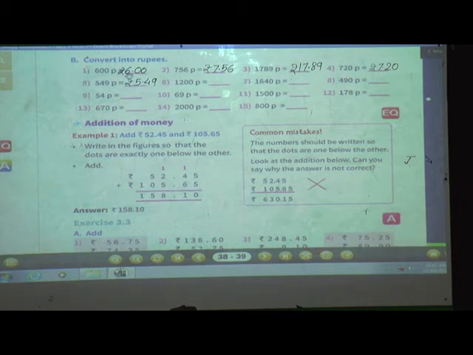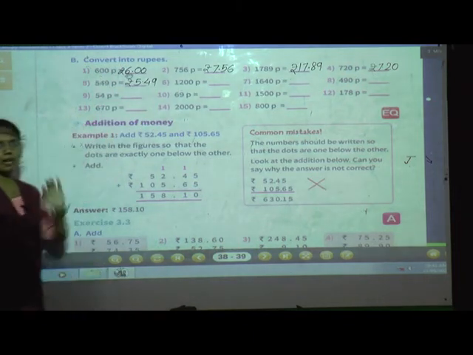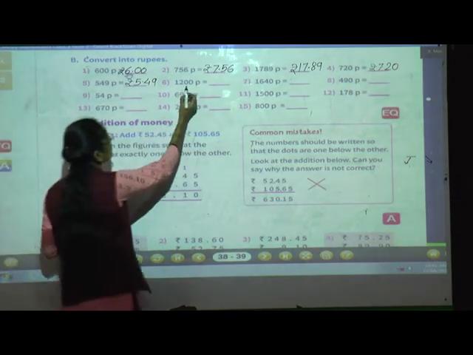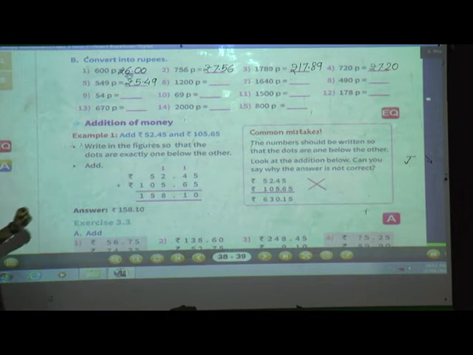Now see the sixth example. Read the value: 1200 paise. Now here, like the first one, we have to do it. In this example 2 zeros are there, so we just have to remove 2 zeros.